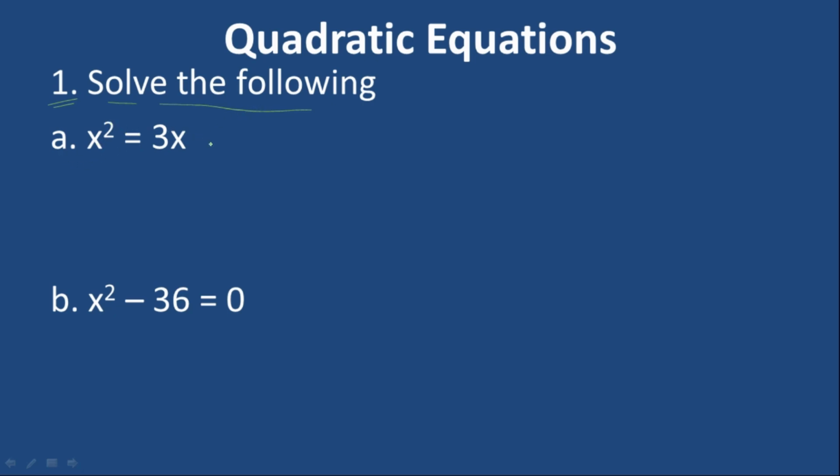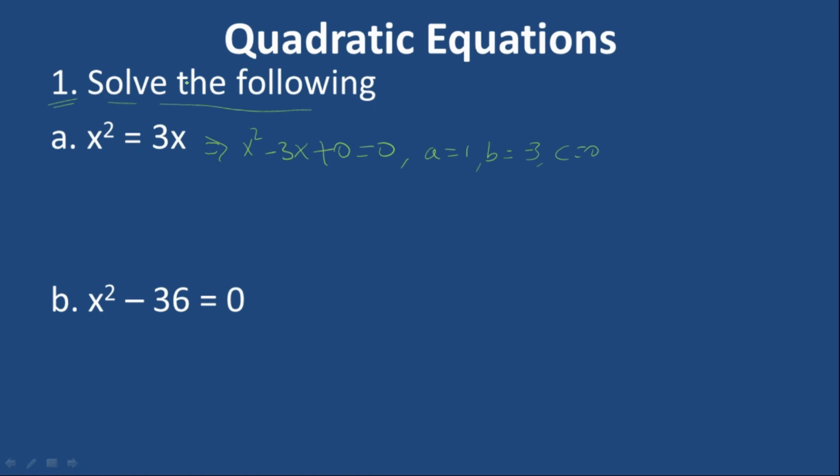This can be changed to x squared minus 3x plus 0 is equal to 0, because we bring the 3x to the left side. From this, a, the coefficient of x squared, is 1, b, the coefficient of x, is -3, and c is equal to 0. So this is the form of a quadratic equation.